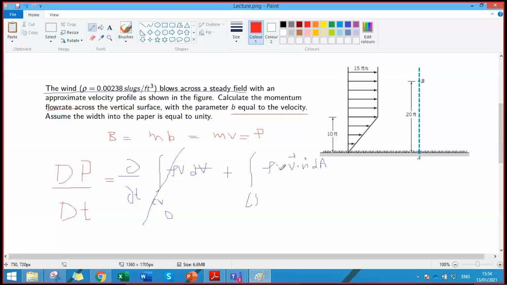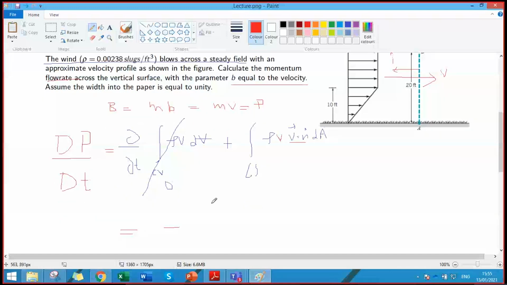If the flow is in this direction, v dot n would be negative, since the area normal is negative i. So we'll write dp by dt equal to minus integral over the control surface of rho v times v dA. So the integral would be equivalent to minus integral over the control surface of rho v square dA. Clear?